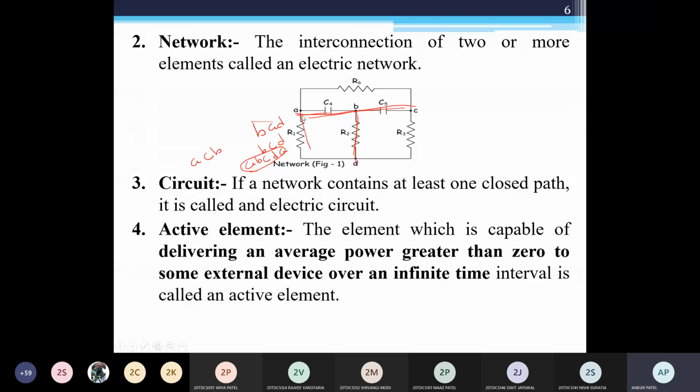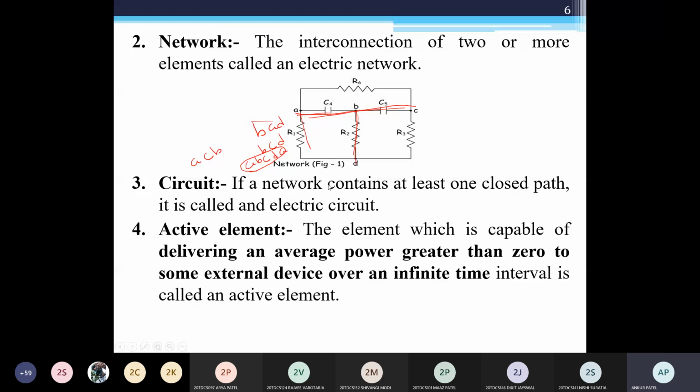Suppose we consider BAD, BCD, and ACB, and we are not considering ABCDA for the mesh. So we have only 3 meshes, and in terms of loops we have 4 loops in the circuit diagram.